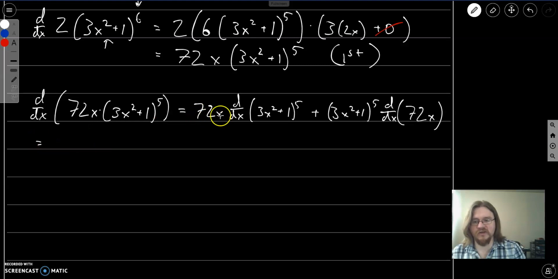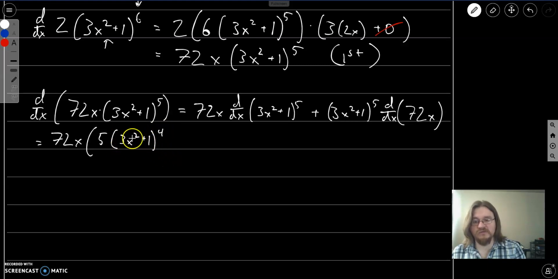Let's continue this over here. So I have the 72x, and I haven't touched that yet. But here I'll take the derivative of this guy right now. And again, I have an outside function and an inside function. I've got some function raised to the 5th power. So I'll bring that power down, raise what's inside to the 1 fewer power.